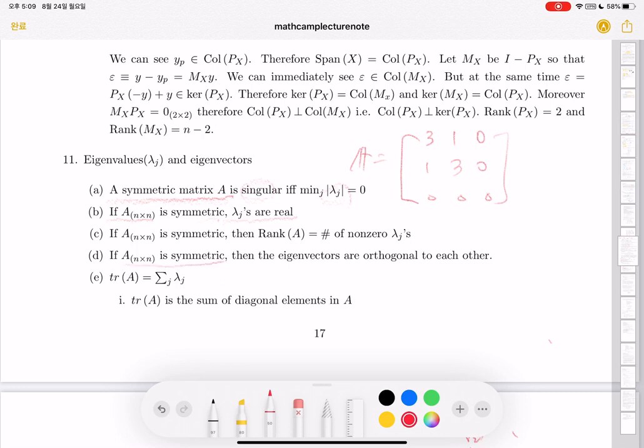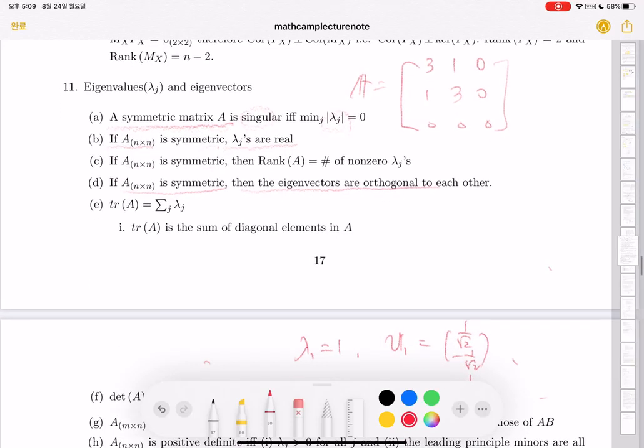Alright, if A is symmetric, then eigenvectors are orthogonal to each other. In the previous example, eigenvectors were 1 over square root 2, minus 1 over square root 2, and 1 over square root 2, 1 over square root 2. A was symmetric, so let's see if these are orthogonal vectors. The inner product of these is 0, so orthogonal. That's true. The trace of A is the sum of eigenvalues.